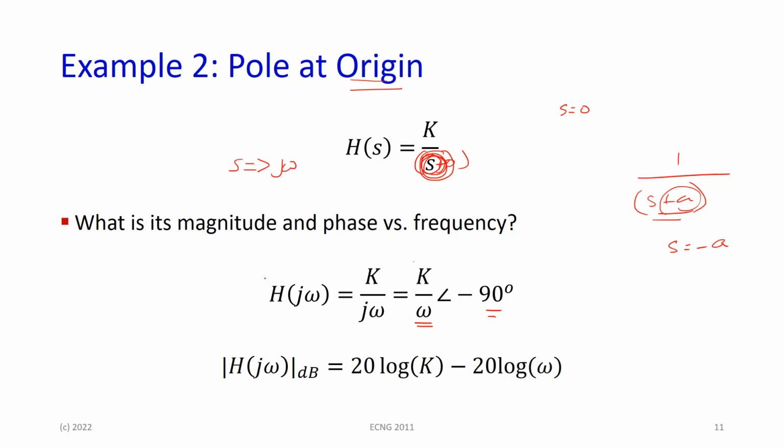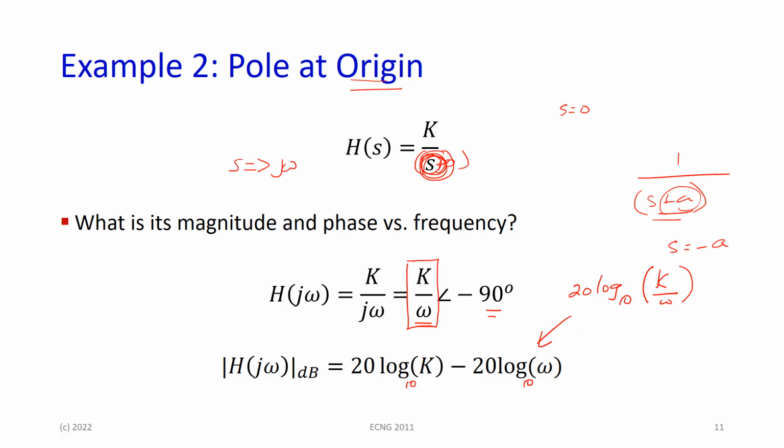Let's express this K over omega bit in decibels. In decibels, that is going to be 20 log to the base 10. When you see this, understand that this is base 10. 20 log to the base 10 of K over omega, which is 20 log K minus 20 log of omega.